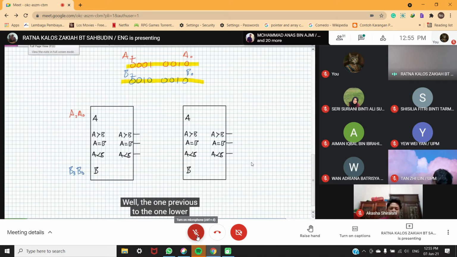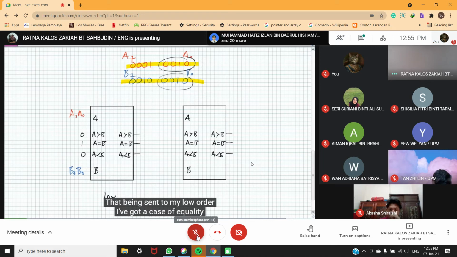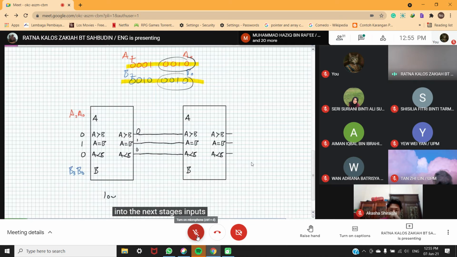Well, the one previous to the one lower than the LSB was 0, 0, 1. Got to do something with that low order input first. What does my low order output look like? Well, this is being sent to my low order, that being sent to my low order. I've got a case of equality. And now what I'm going to do is take those outputs, these are the next stage's inputs, and now it's going to make the decision.